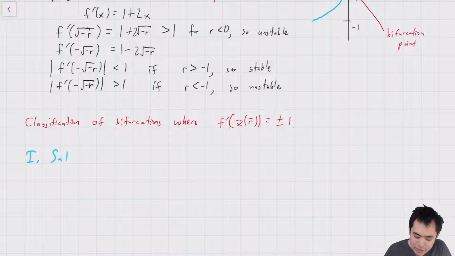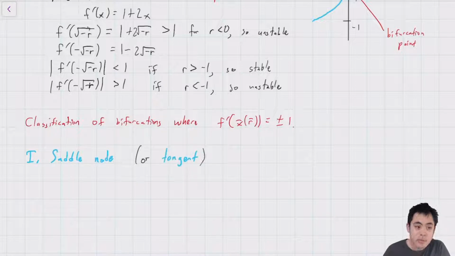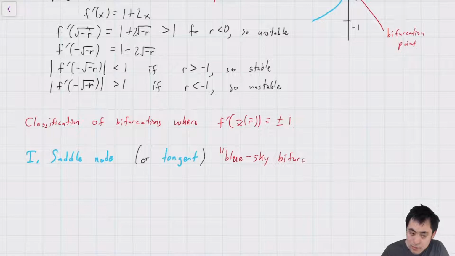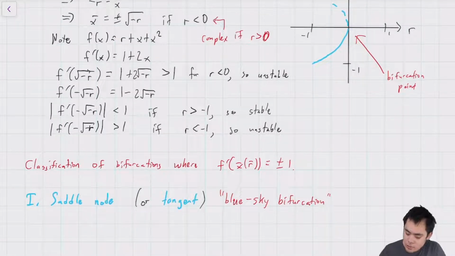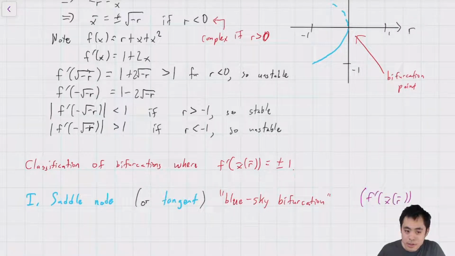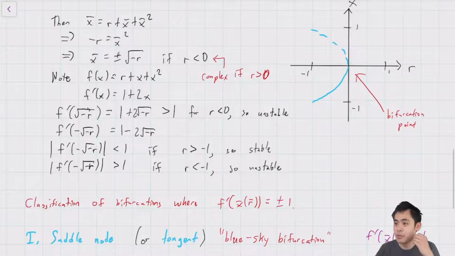So this is a saddle node, or it's sometimes called a tangent, or a blue sky bifurcation. And just as a note, in this particular case, f prime of x bar of r bar is equal to 1, as you can see from the previous example.